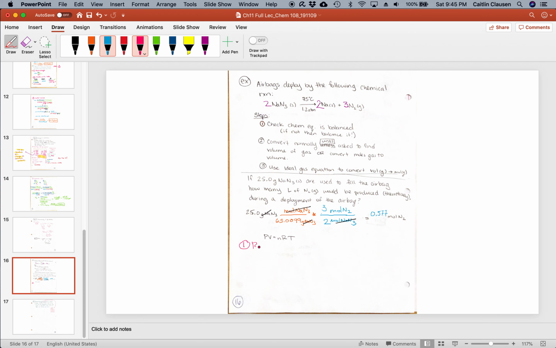Step 1, rearrange. For rearranging, we want to know how many liters of this gas. I have moles. I'm also given some other information. But first, let's just solve for volume.